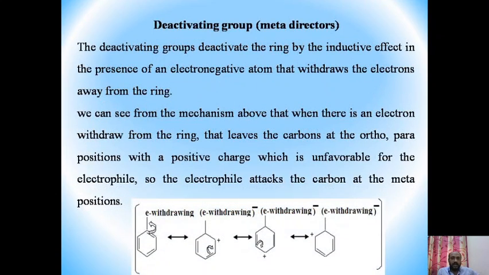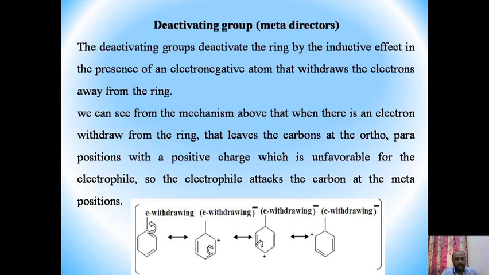Then if you see the deactivating group, this deactivating group is always a meta-directing group. So if any kind of electron withdrawing group is present in that compound, then from the benzene ring, that electron withdrawing group will withdraw the electrons.